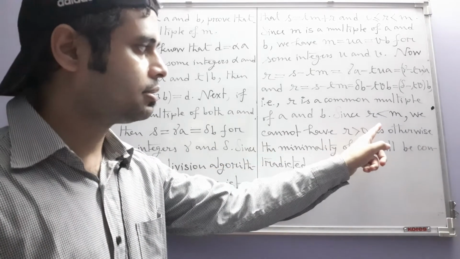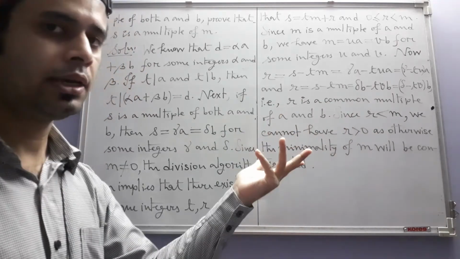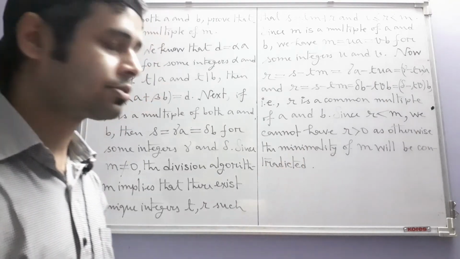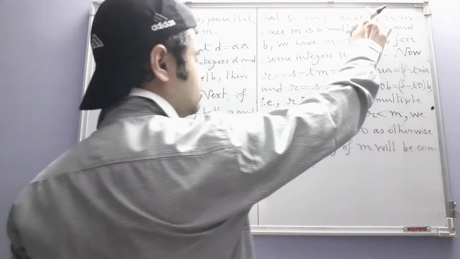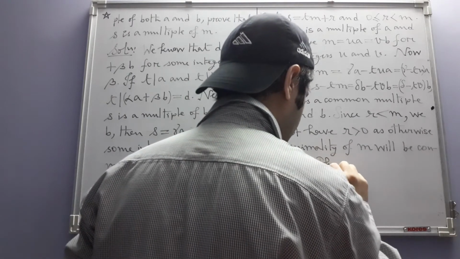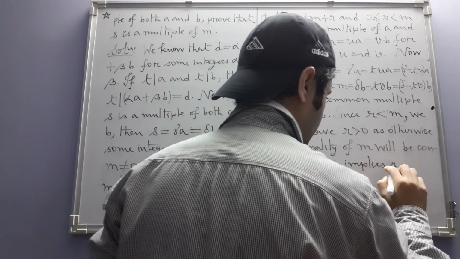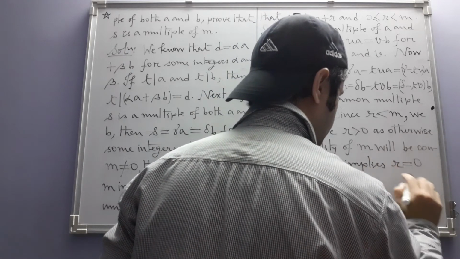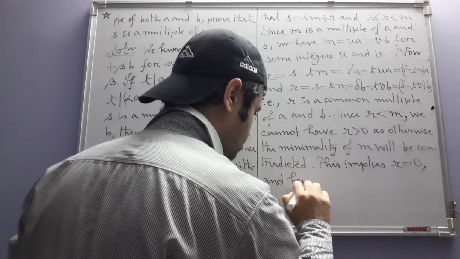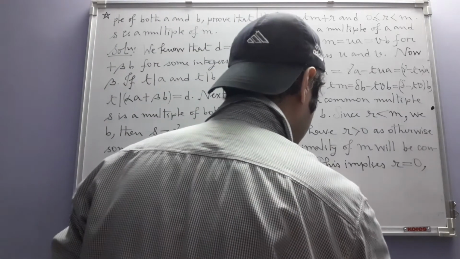So since R is less than M and R has been shown to be a common multiple of A and B, R cannot be positive. So that's why R has to be equal to 0, because R is bound to be non-negative. This implies R is equal to 0, and hence, if R is 0, what do we get from here?